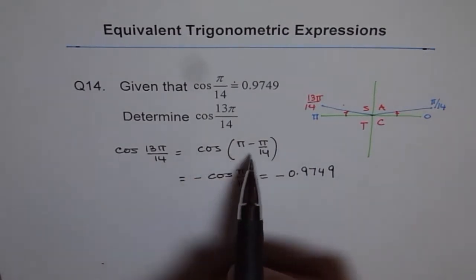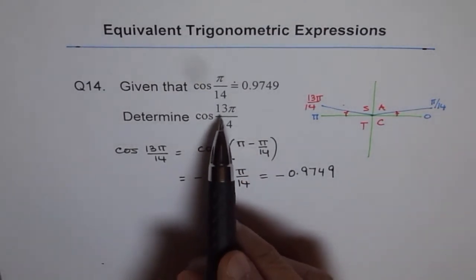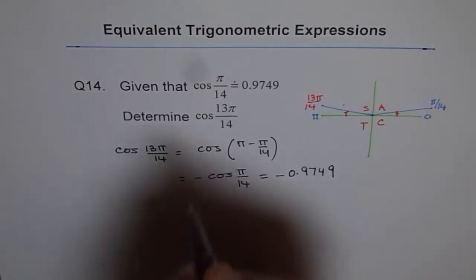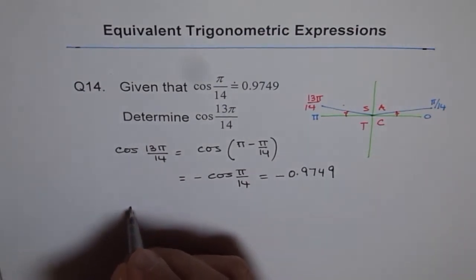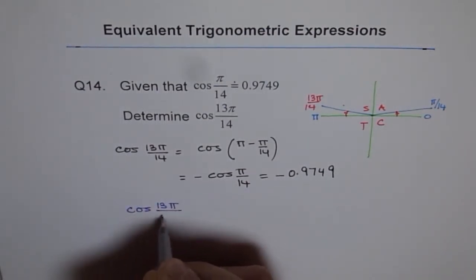Now, for some students that may be difficult at times, but you know, we will break 13 pi by 14. Let me show you an alternate way of breaking 13 pi by 14, right? So, let's restart. We get cos of 13 pi by 14. So let's say there are 14 parts, right?